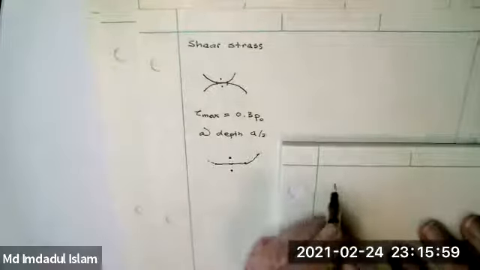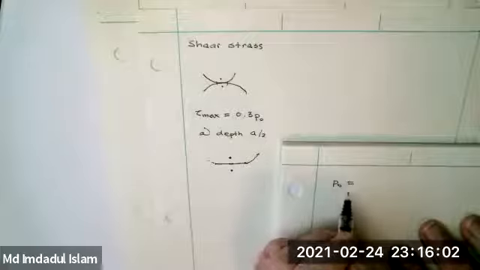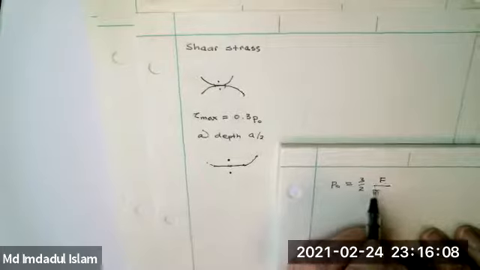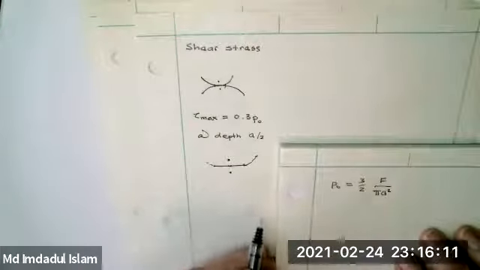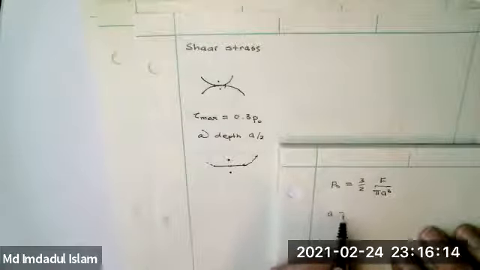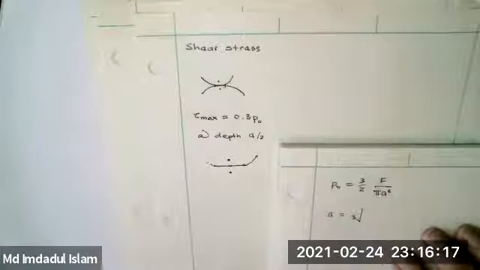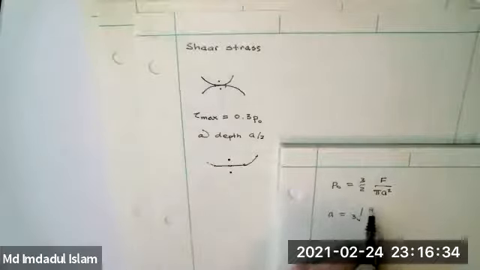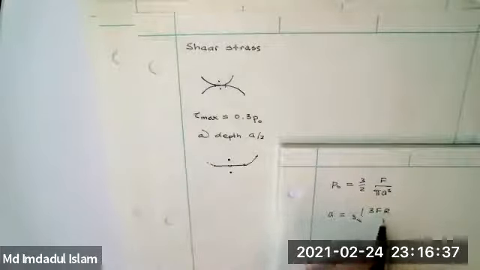What we had was that P naught was 3 upon 2 P bar. And A was the cube root of 3 F R upon 4 E star.